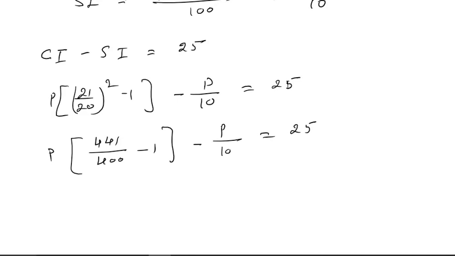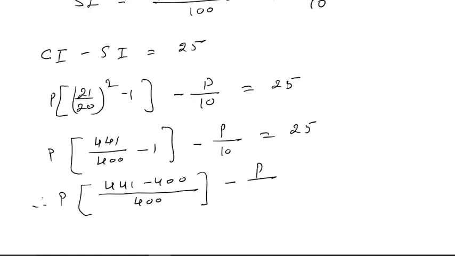So therefore P into 441 minus 400 upon 400, minus P upon 10. As here we have denominator as 400, what we do? We multiply here and divide by 40 so that here also the denominator will become 400 and the right hand side is 25.